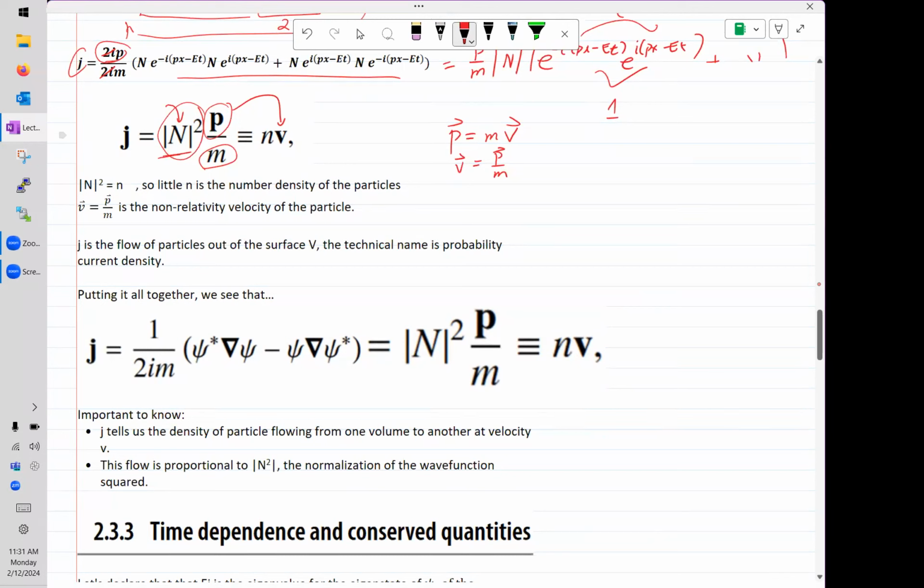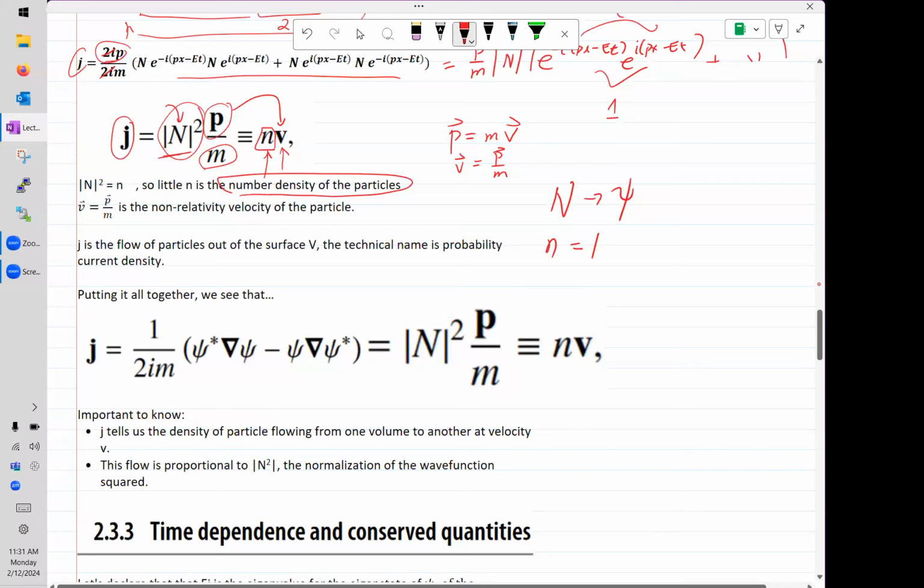What you're trying to describe here is how many particles are flowing in and out of your surface with some velocity v, and the number of particles is this lowercase n, which is actually the number density of the particles. So big N is related to the wave function, where little n, which is actually n squared, is the number density.